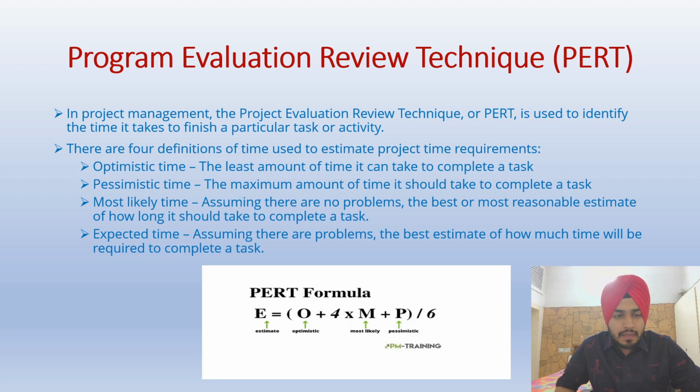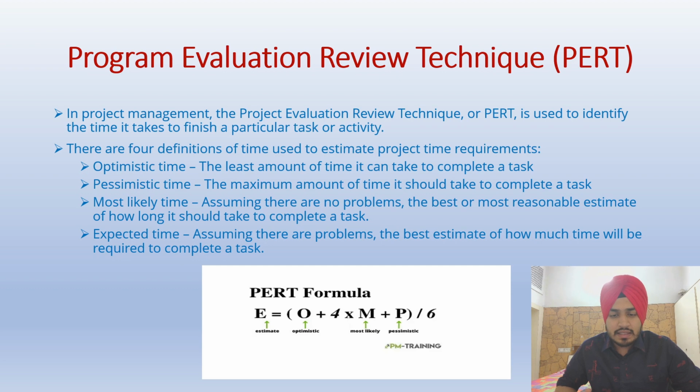Second is pessimistic: if none of the things fall into place and the whole requirement cannot be developed the way we thought, what would be the time required? And the last one is the most likely time, what we think would be the reasonable estimate so that this task can be completed.